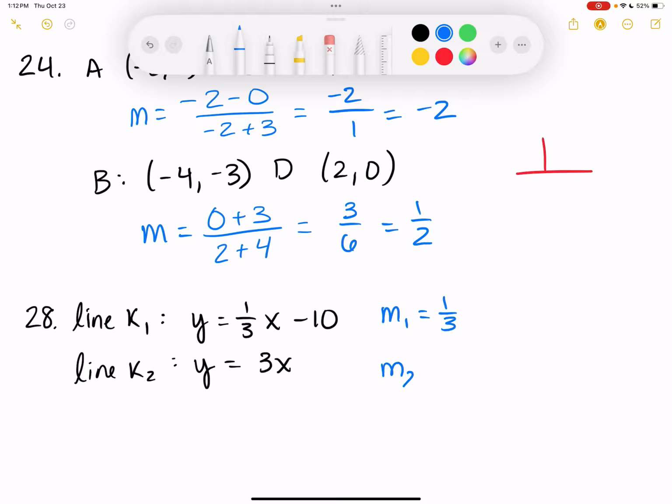And what's the slope of the second one? 3, which is just 3. So, are these perpendicular? Everybody should be able to answer this together. 3, 2, 1. No. Not perpendicular.